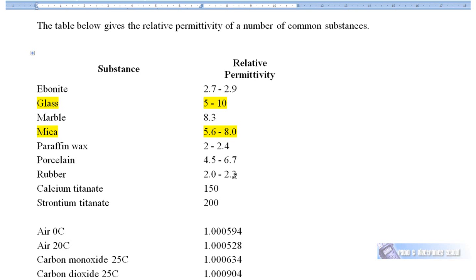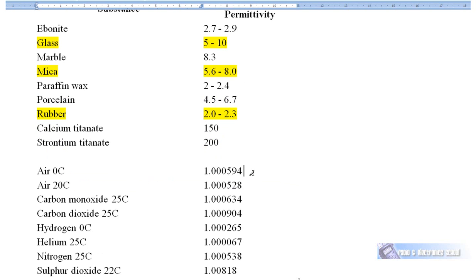I think rubber is being used. I don't think it's used anymore though. Notice air changes its permittivity slightly with temperature, not much, but generally speaking we take the relative permittivity of air to be 1.